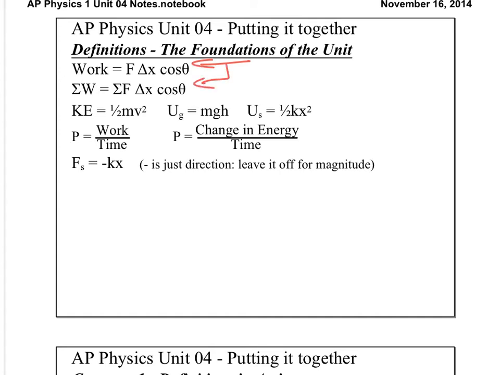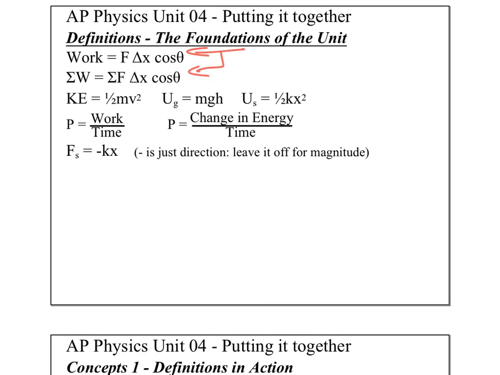If you're talking about force, that's really the only place we saw force. So if the question mentions force, I would be thinking of work as F delta x cosine of theta. There are other ways for us to calculate work, but in the cases where we have force, this is likely going to be your best bet.